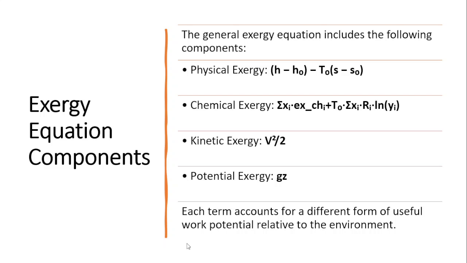In this slide, based on my previous explanation about the previous slide, this item is related to the physical exergy. This item is related to the chemical exergy. This item is related to the kinetic exergy, and this item is related to the potential exergy. Each term accounts for a different form of the useful work potential relative to the environment.